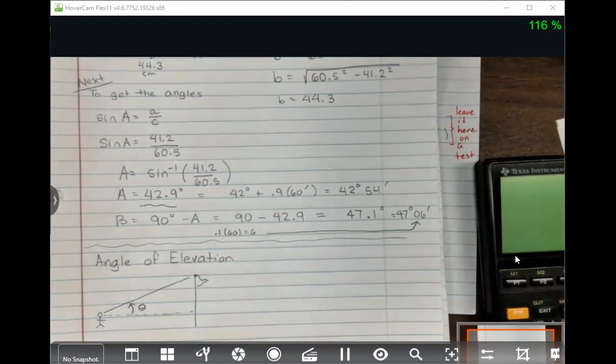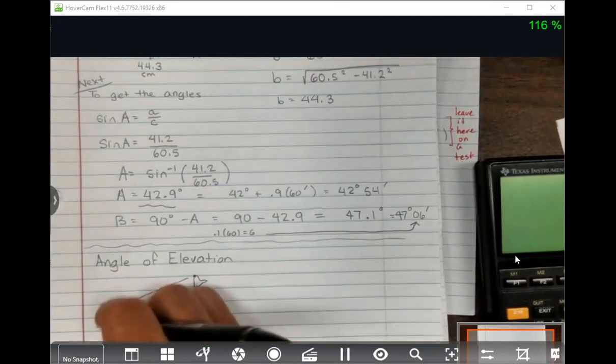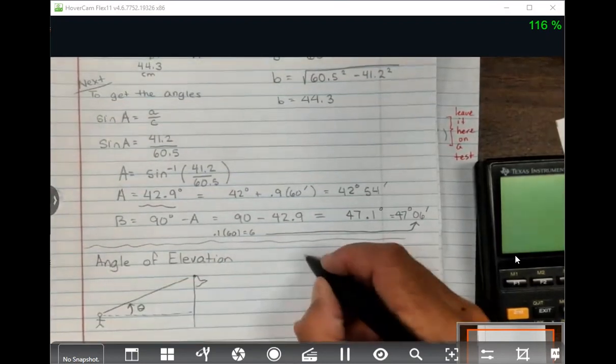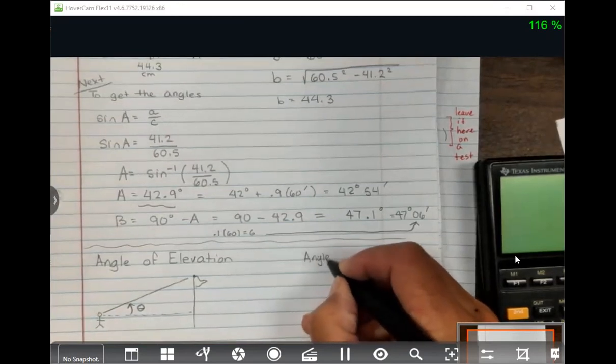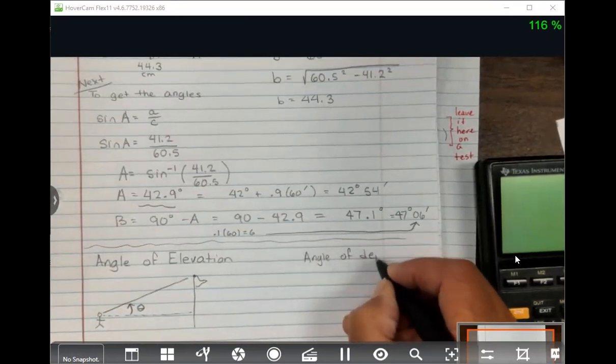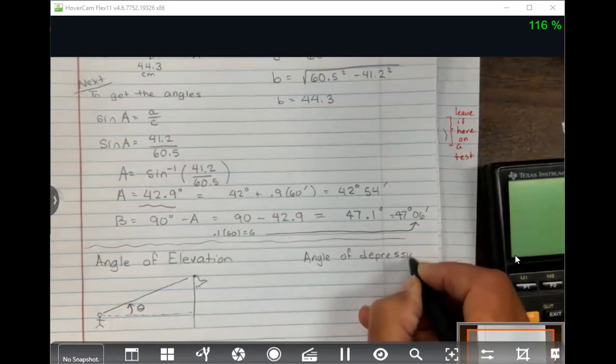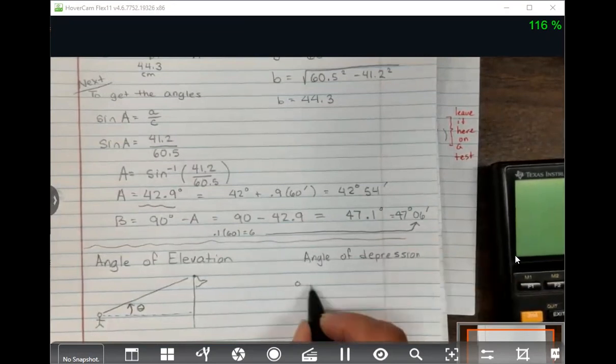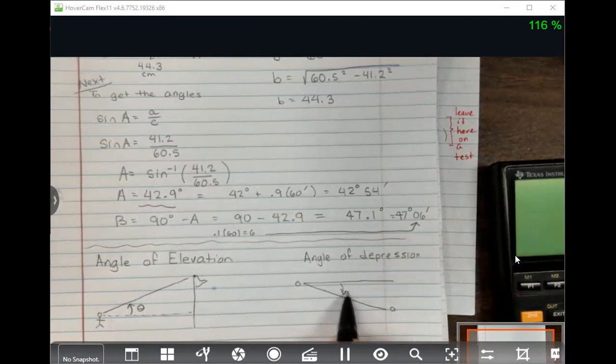Okay, so we're assuming that this length is negligible. The angle of depression is when somebody's looking down. So from this point to this point. So we put the horizontal there, drop down, and there's the angle of depression.